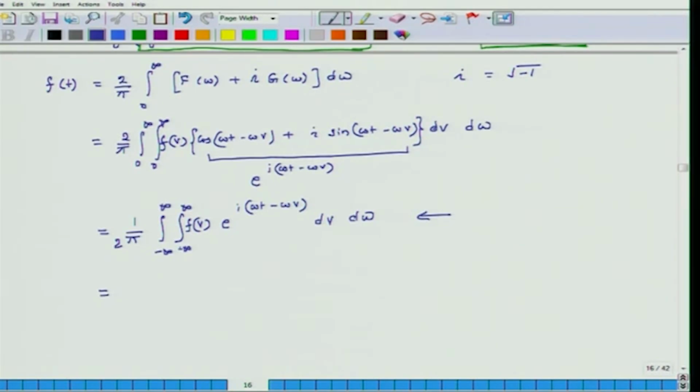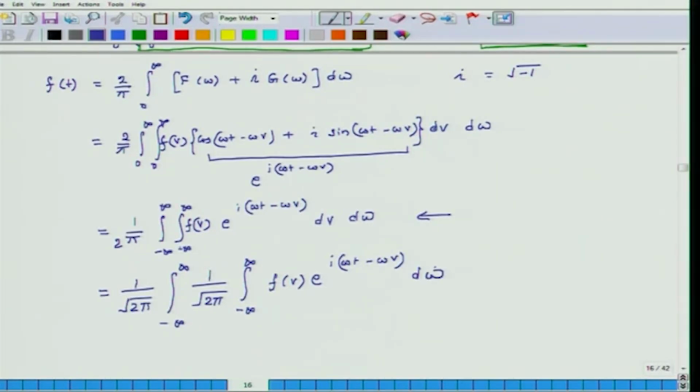Okay. So now I further transform this relation, and I make this 1 over square root of 2 pi, integral minus infinity to infinity, and then inside the integral I again multiply by square root of 2 pi, minus infinity to infinity, f of v e to the power of i omega t minus omega v, d omega.